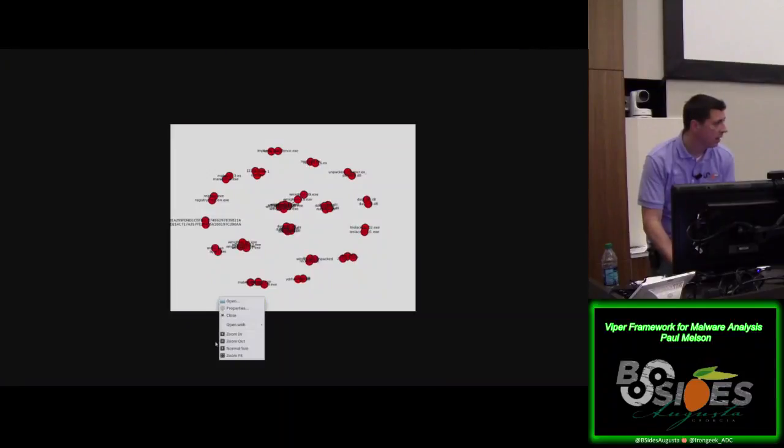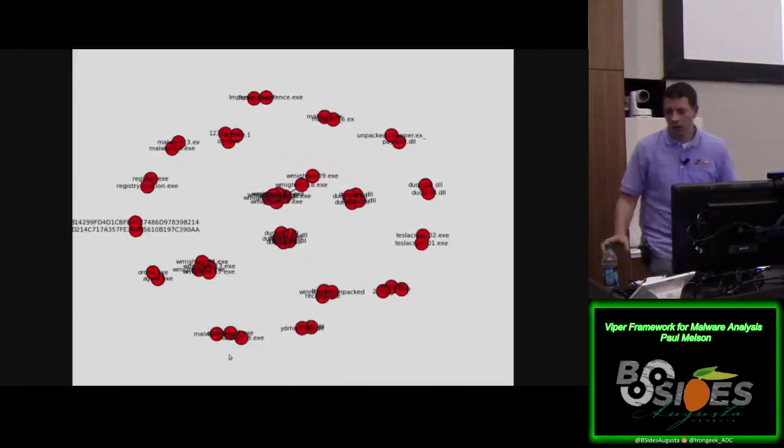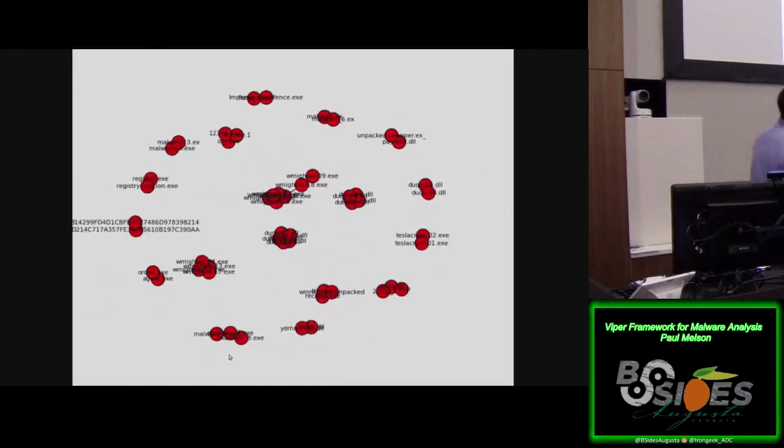So here we have a node map of all the different samples with their names. It's a little bit messy. I could probably do some stuff with leading and fonts to clean this up. But you can see we're able to map all the different relationships between all the different families. Some of these, it's very obvious why they're related, and other ones, maybe not so much.